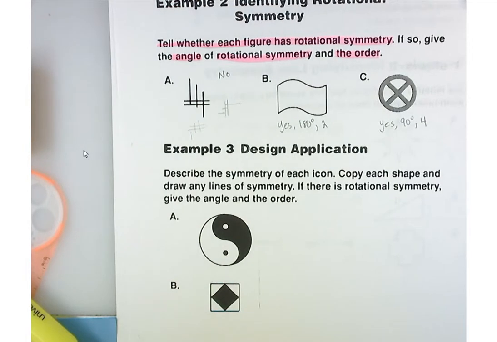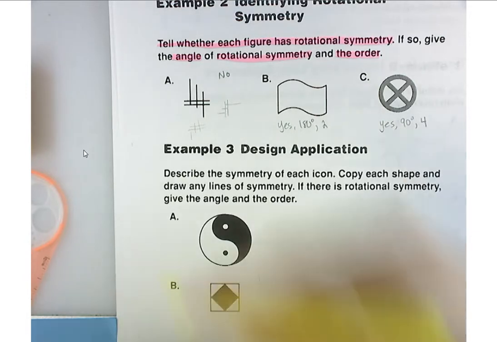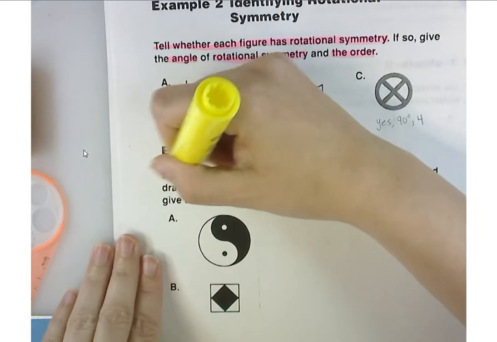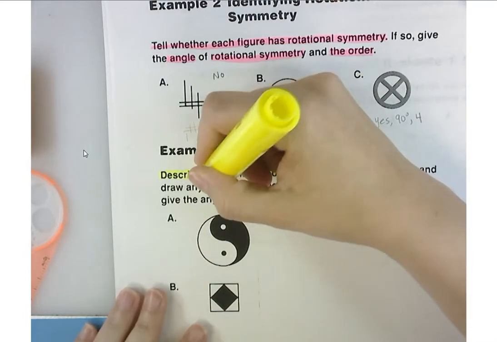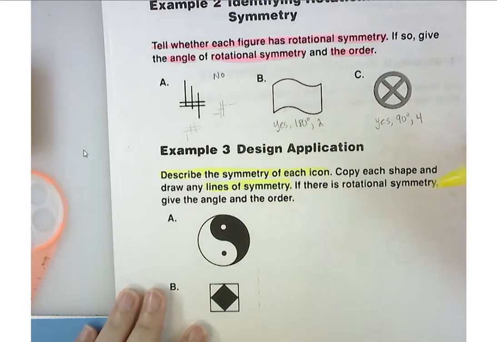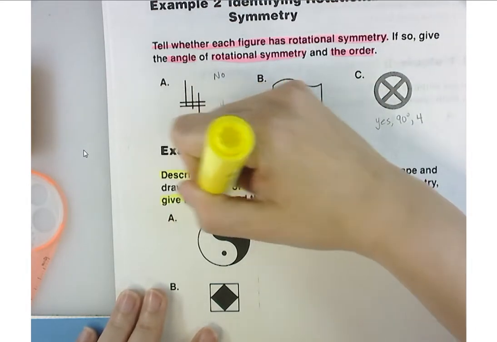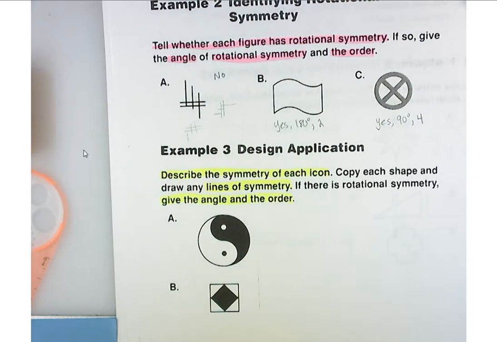Okay, now we're going to do the design application. We're going to describe the symmetry of each icon, and then copy each shape and draw any lines of symmetry. We don't have to copy the shape because we have it on here, but on your homework that's what you'll do. And then if there is rotational symmetry, you're going to give the angle and the order.